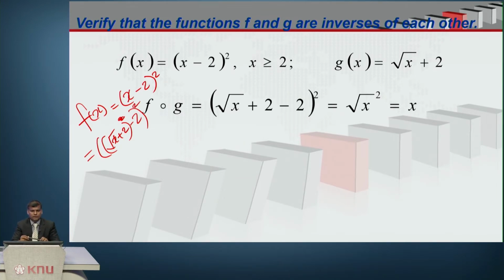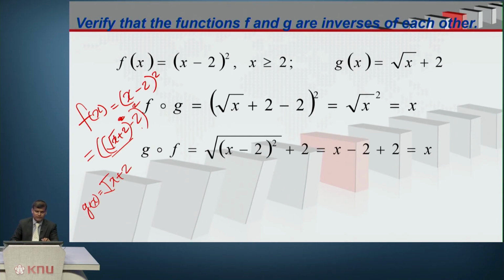You can see where this reveals to be nothing but x square. So this part, root of (x plus 2), is actually g of x, and the minus 2 again comes from the f of x, that part.